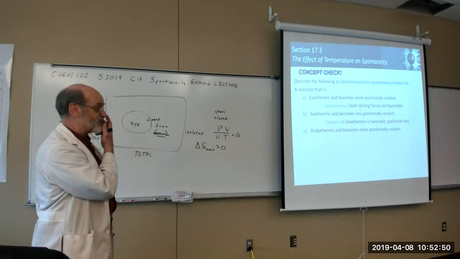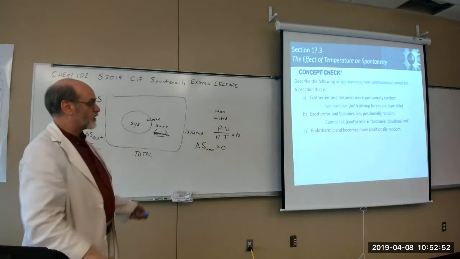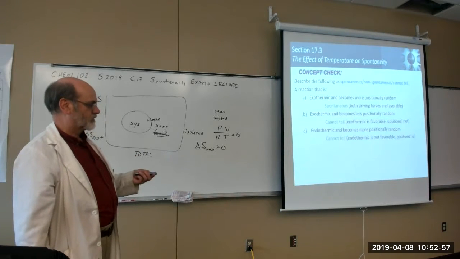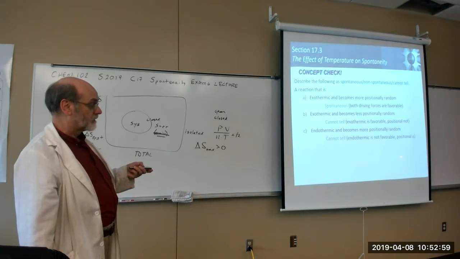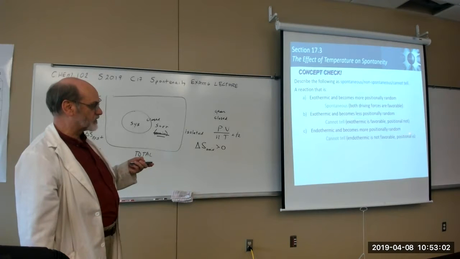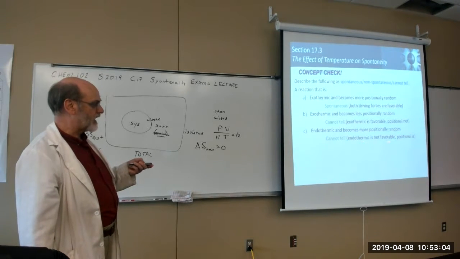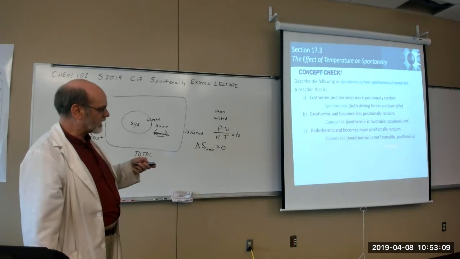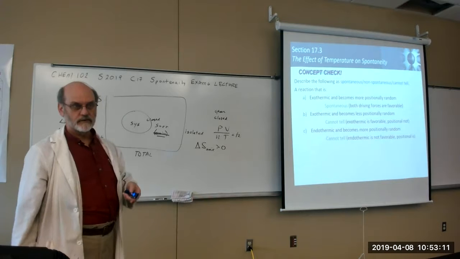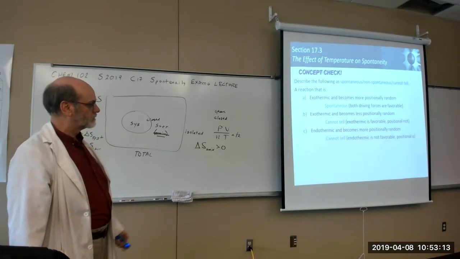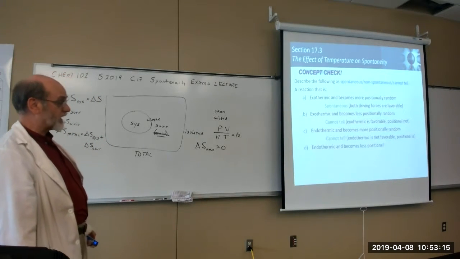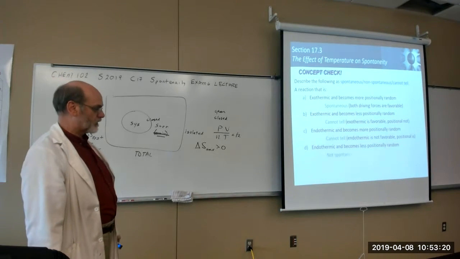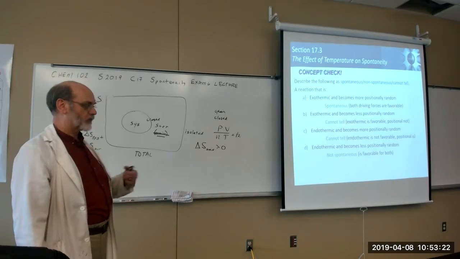And the converse of that is endothermic and becomes more positionally random. Then the only way we could say that's spontaneous is if the positional randomness exceeds the value for the endothermic. So this is the middle ground where you really can't tell until you have the values to compare. But if it's endothermic and becomes less random, then we know that that's not spontaneous in the forward direction.